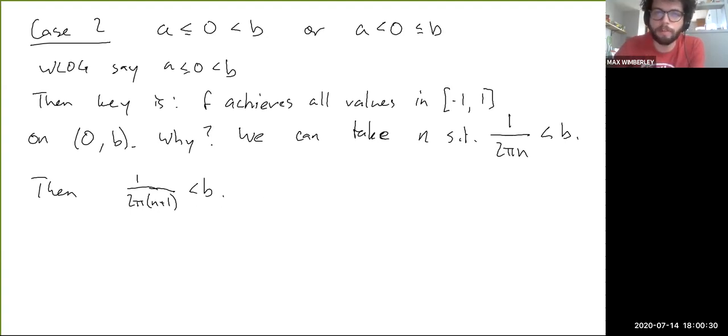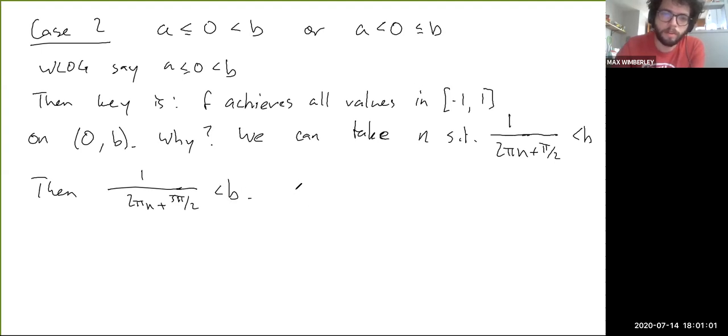Or rather, it would be better to say, instead of 2 pi n, 2 pi n plus pi over 2. And then we'll have 2 pi n plus 3 pi over 2.